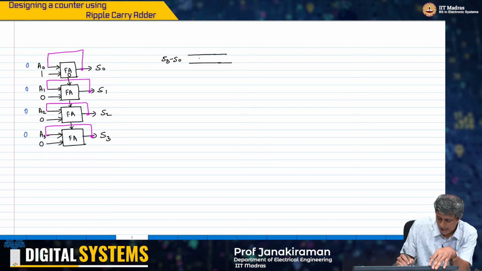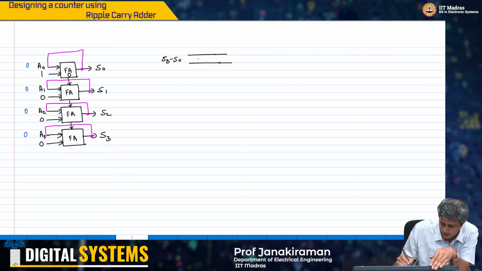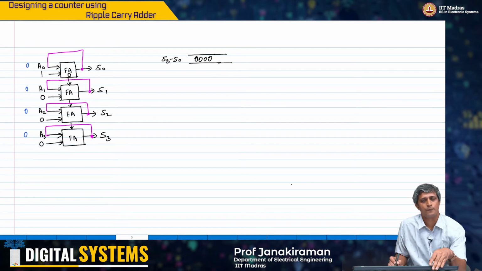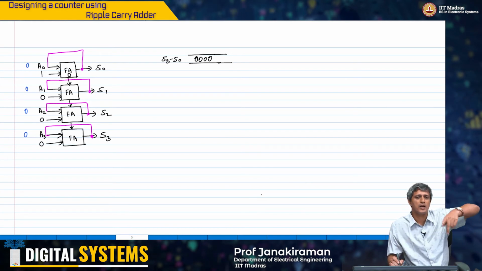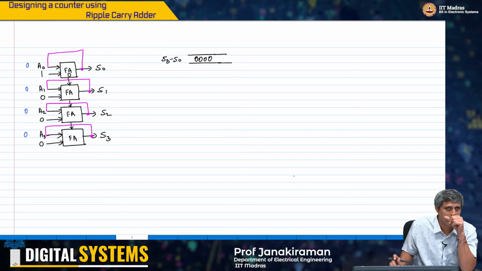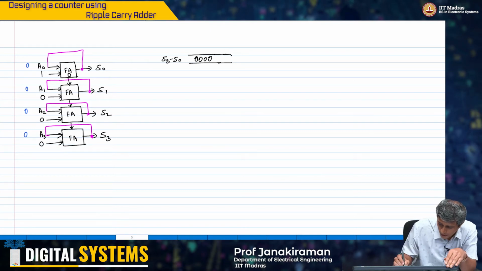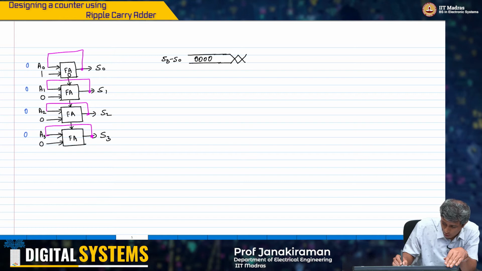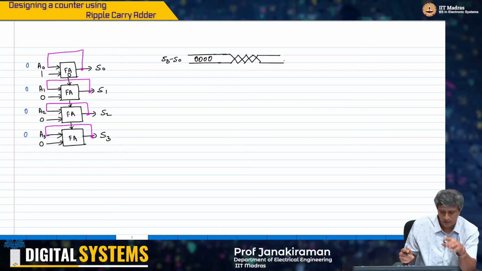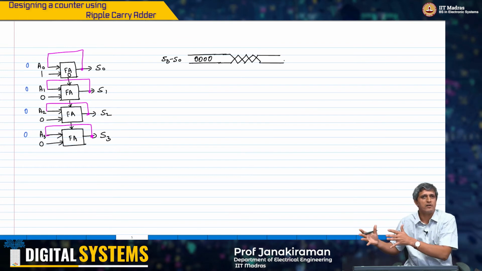I somehow start with 0, 0, 0, 0, and therefore my S0, S1, S2, S3 starts with this state. Now, after a certain propagation delay, what will happen? My output is supposed to change, but we also know that the output will start changing to some transient values.